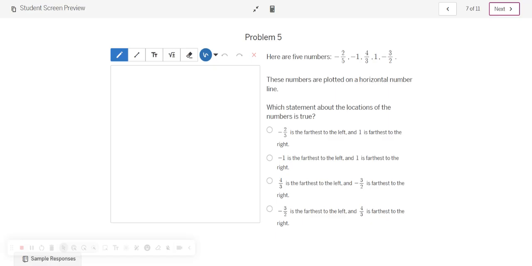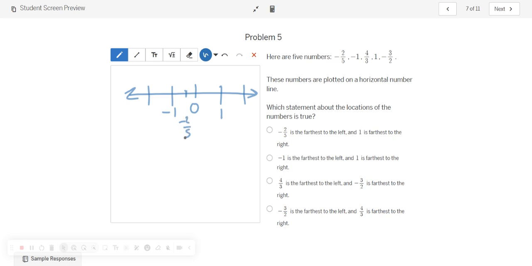Here we go. If I was going to plot these on a number line, let's see, I'll make the number line. I've got 0, I'm going to put in the middle, 1, 2, -1, -2. So I've got a +1 here, -1 there. -2/5 is going to be like right in here somewhere between 0 and -1.